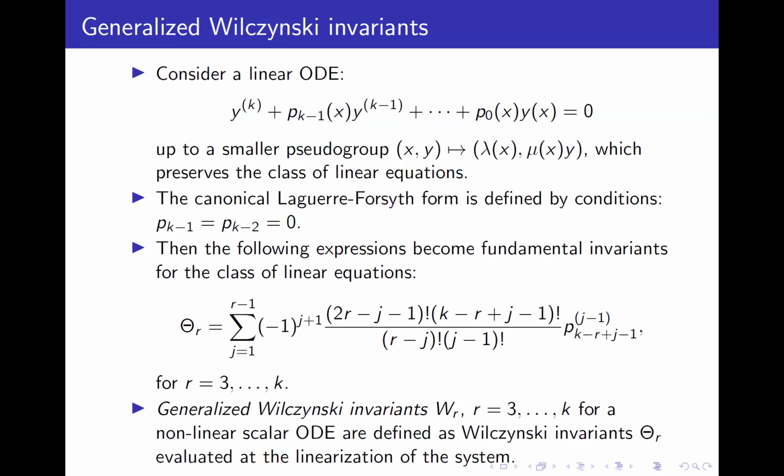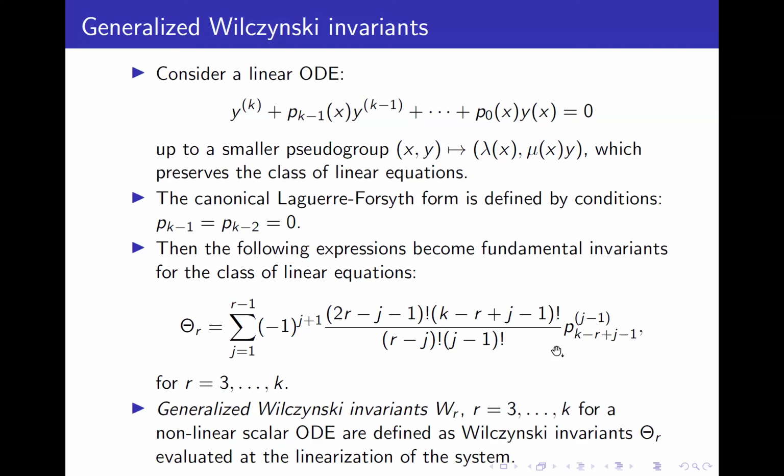Along each solution, we can consider its linearization. For this linearization, we can compute classical Wilczynski invariants. Then we can glue these classical Wilczynski invariants along all solutions, and we get something that is defined globally on the equation itself. That's called generalized Wilczynski invariants.